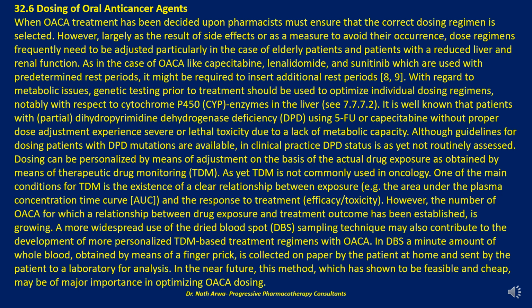It is well known that patients with partial dihydropyrimidine dehydrogenase deficiency, abbreviated as DPD, using 5-FU or capecitabine without proper dose adjustment experience severe or lethal toxicity due to a lack of metabolic capacity. Although guidelines for dosing patients with DPD deficiency mutations are available, in clinical practice DPD deficiency status is as yet not routinely assessed.